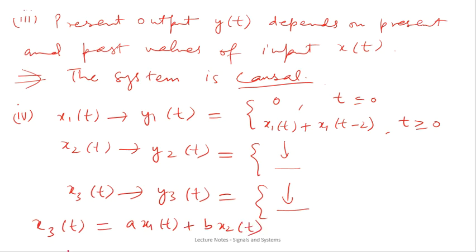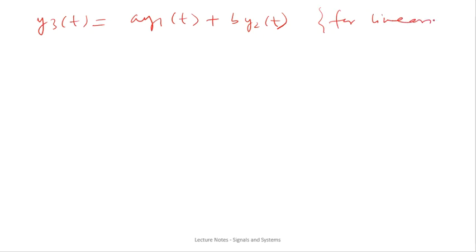Okay, so this is what you have to do, where a and b are some scalars, then y3t should be equal to a y1t plus b y2t. This is obviously the condition for linearity.